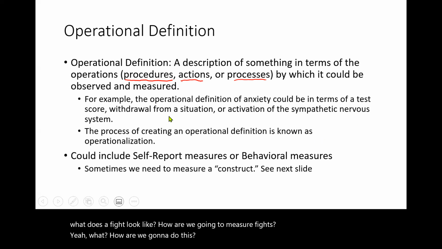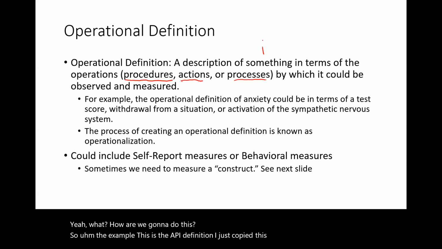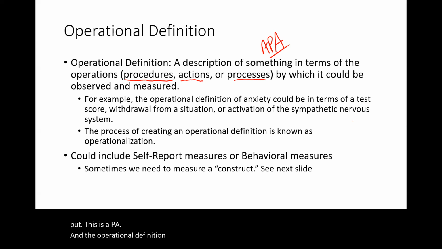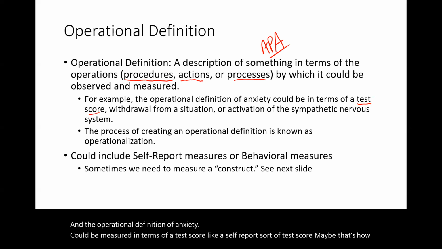So the example, this is the APA definition. I just copied this from the APA site. I should put this is APA. And the operational definition of anxiety could be measured in terms of a test score, like a self-report sort of test score. Maybe that's how we're going to measure it.